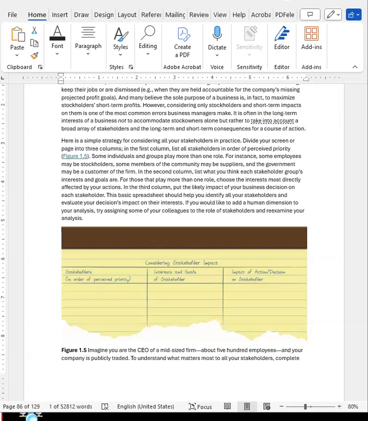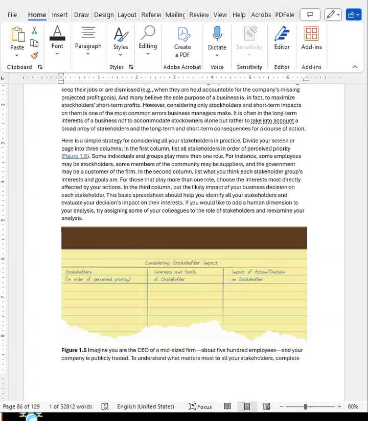However, considering only stockholders and short-term impacts on them is one of the most common errors business managers make. It is often in the long-term interests of a business not to accommodate stock owners alone, but rather to take into account a broad array of stakeholders and the long-term and short-term consequences for a course of action.